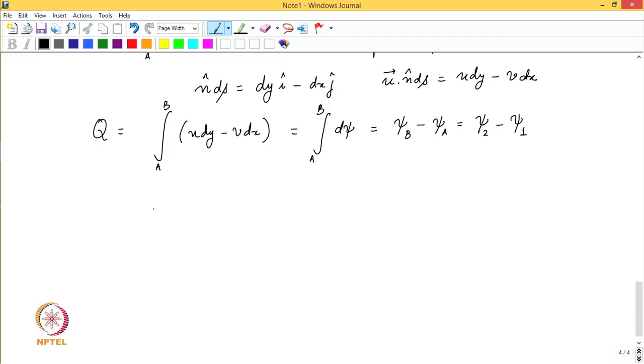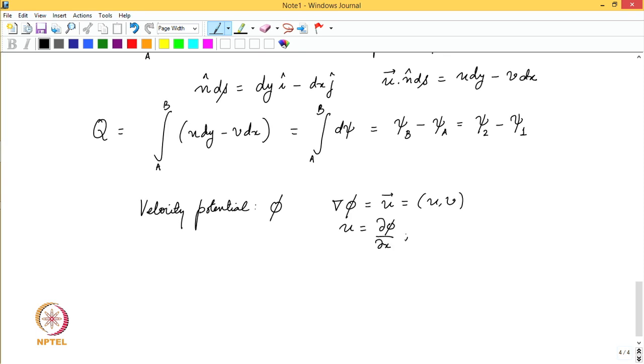Okay. Now, let us consider, we go back to the velocity potential, and let us look at a specific relationship between velocity potential and stream function. Now, recall that velocity potential was phi and gradient of phi was u, which is basically u comma v. So, clearly u must be d phi dx and v must be d phi dy, that is just from the definition.